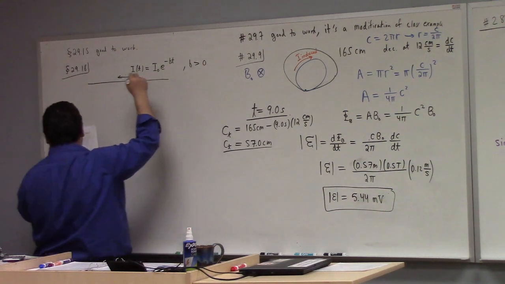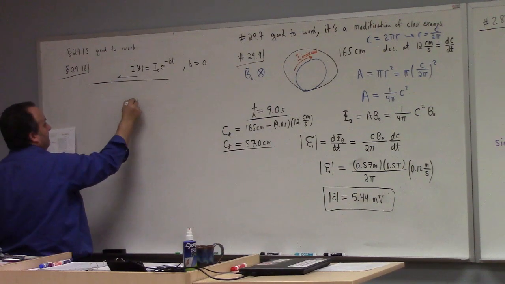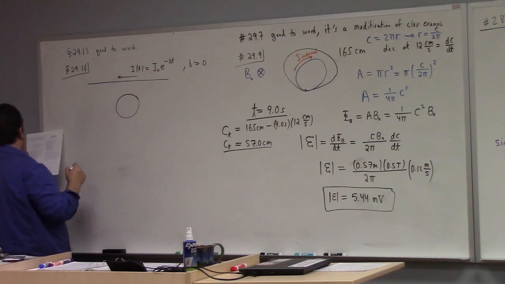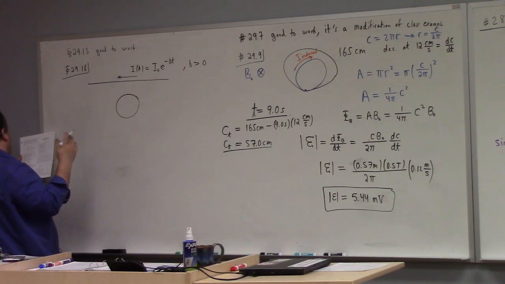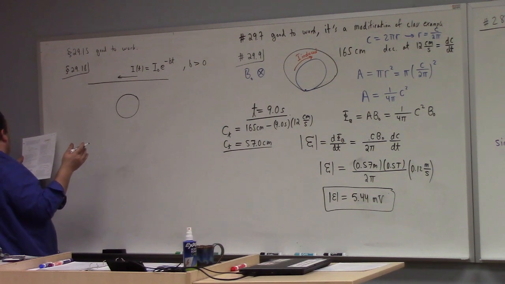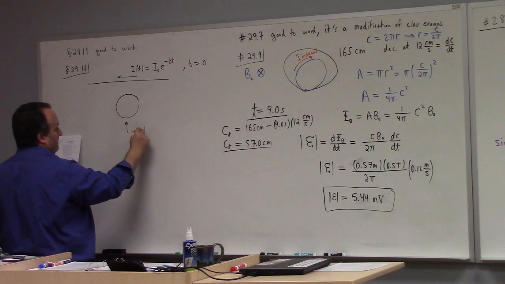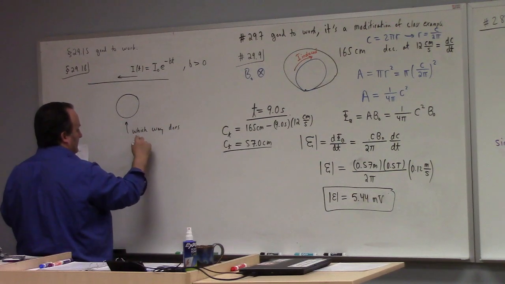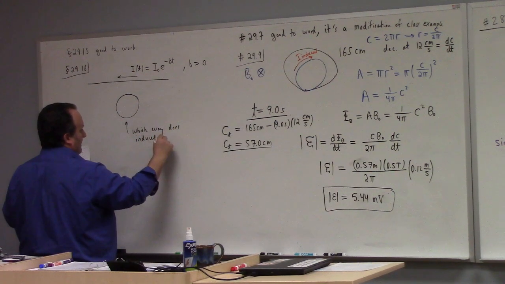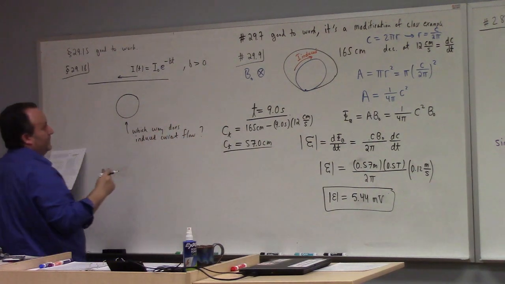And then we've got a coil down here, and we're supposed to find the direction, clockwise or counterclockwise, of the induced current in the round coil for t greater than 0. So which way does induced current flow?